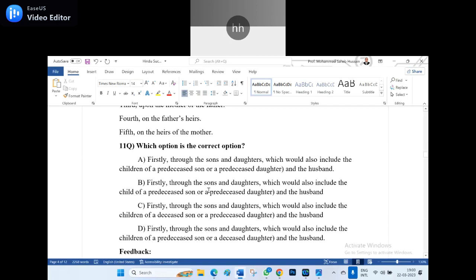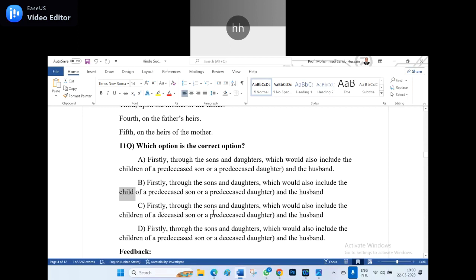Through the sons, okay, and daughters, okay, which also include, see, here children is there. What did I write? Children. Here children is there, right? But what did I write here? Child. So it is wrong. Okay, now in C, yeah, mute, Srinivas.